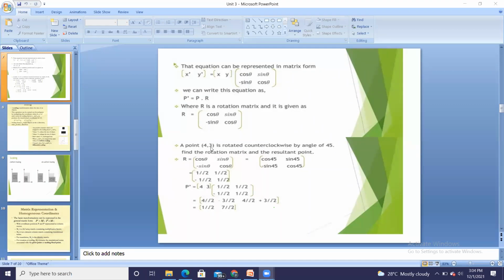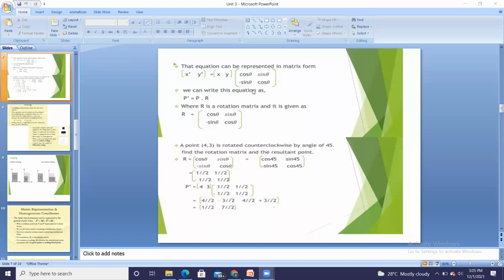So this point 4,3 is your original value P, that is xy, and theta is given as 45 degree, and the rotation is counterclockwise, so this T matrix you have to use. So I will use this T matrix and get the solution.